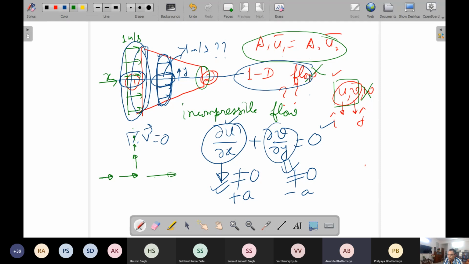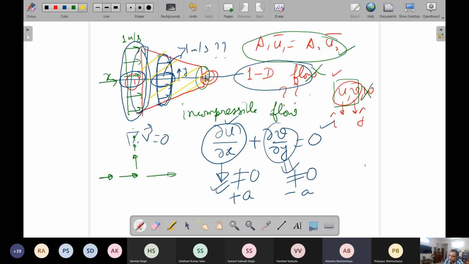So the first answer I have given. The second answer is that now that we have understood that it is not one-dimensional, can we still apply this? See, the beauty of application of this equation is that we do not have to bother about what happened internally inside this nozzle.